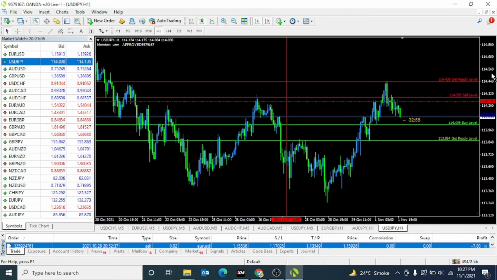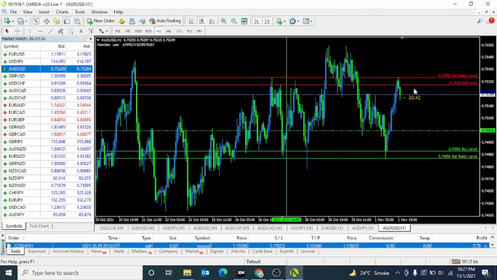I hope you understand. Very easily you can trade with different time frames also. For example, I attached this strategy to the USD JPY pair on H1, and I will try another also. You can see here this was the get ready level. It means this indicator gives you the ready signal, and after a few minutes, if this one H1 candle closes in the bearish trend, then the next market will go down.